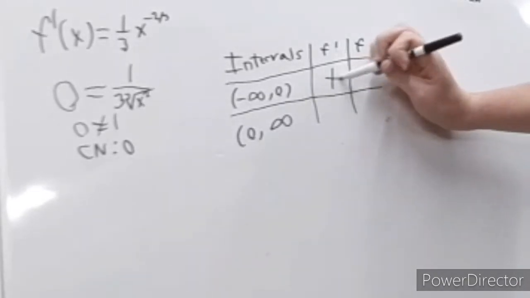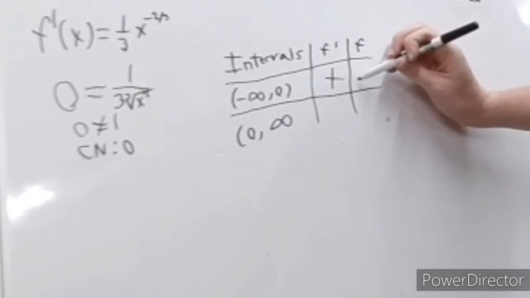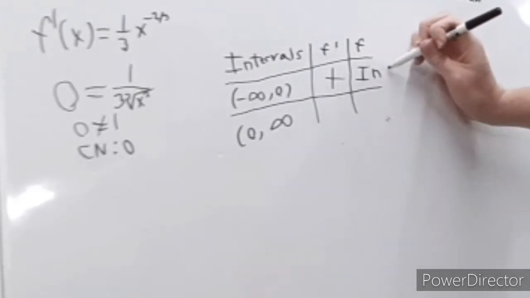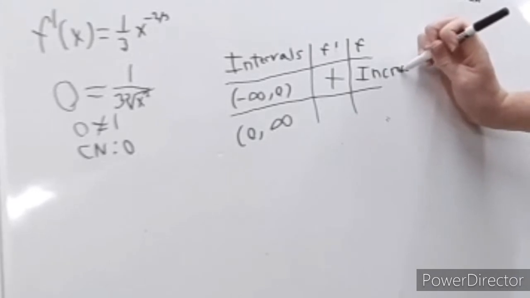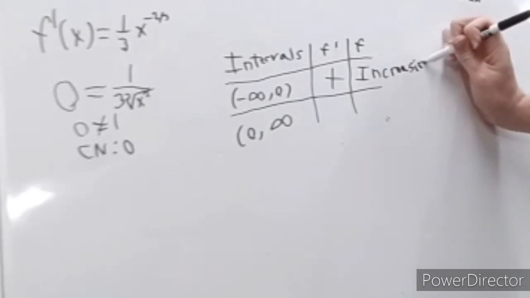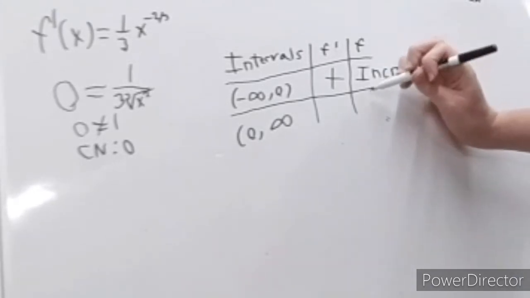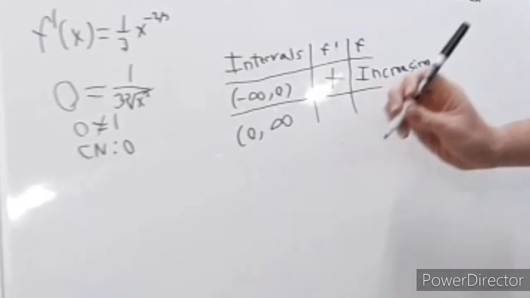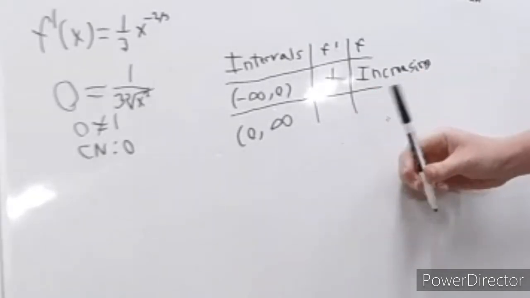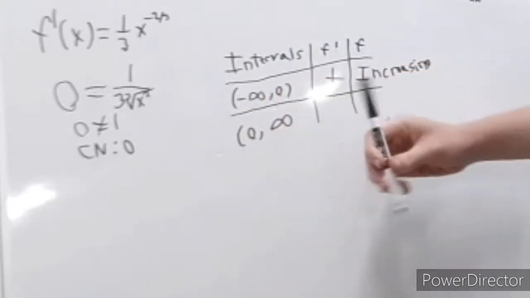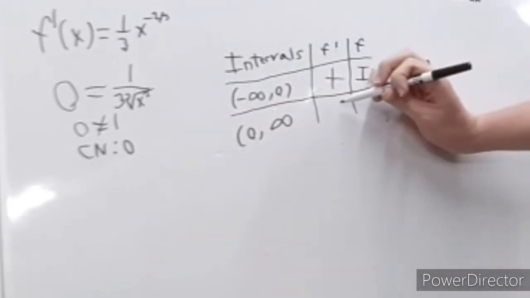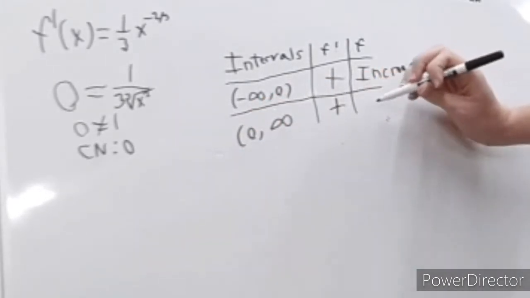The derivative is positive, which means the function is increasing. If you put in a positive number, it'll do the same thing because of the square there. So it's also positive.